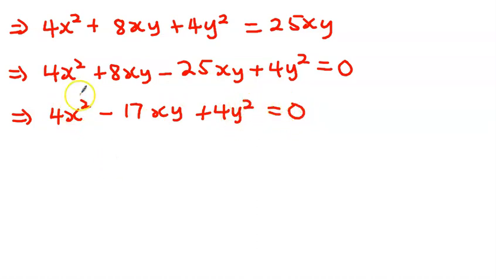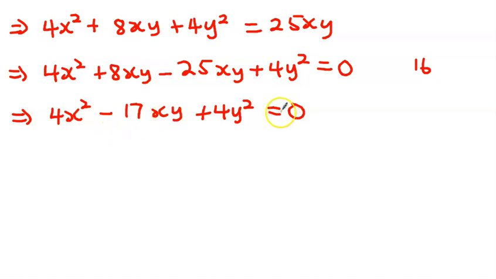So this is a quadratic equation. Now we can factorize. So 4 times 4 is 16. We'll be looking for factors of 16 such that when we multiply, we get 16, and when we add, we get minus 17. You can consider both negative and positive, or all positive or all negative.